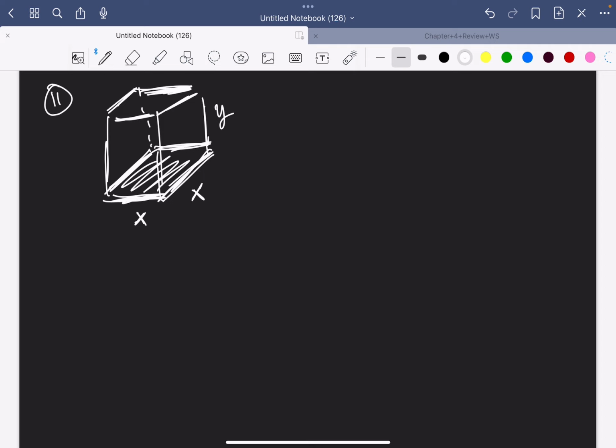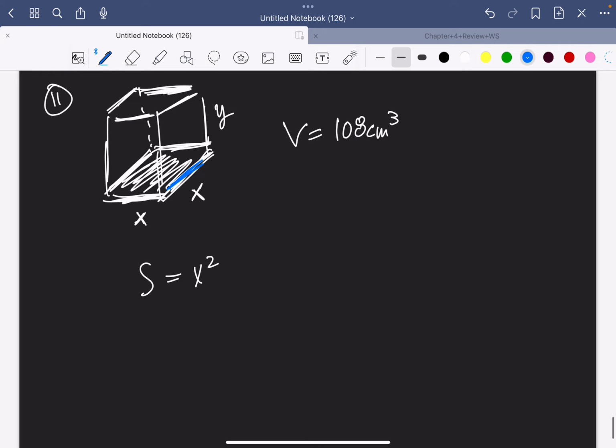So we know that we want our volume to be 108 cubic centimeters. Find the dimensions that minimize the surface area. Well, in this case, the surface area is equal to the bottom, which is x squared. And don't forget it's an open top, so there's not going to be a top.